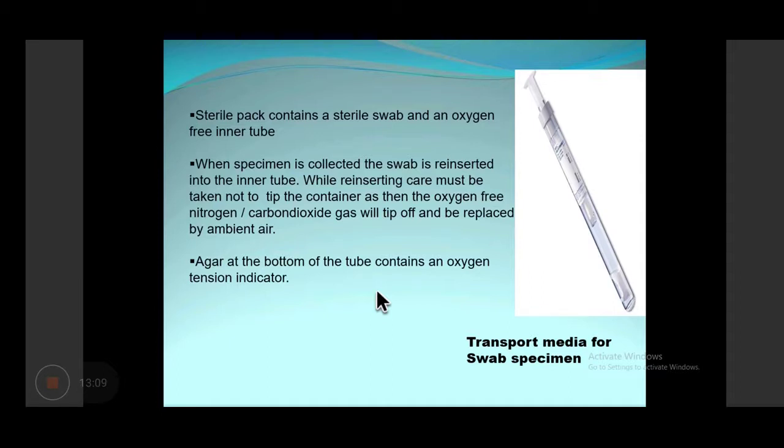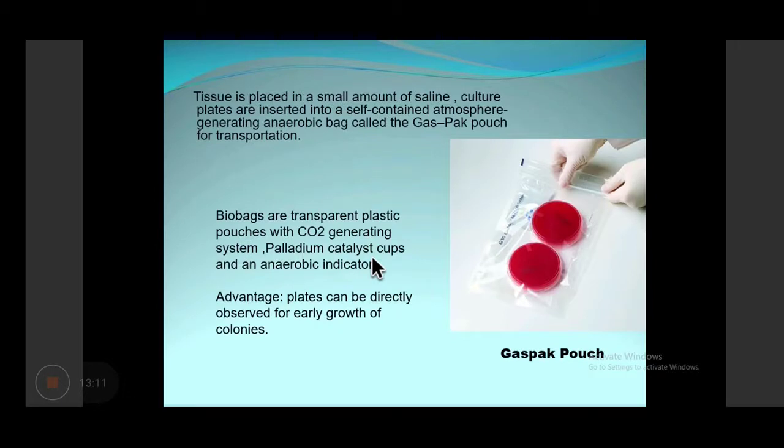These are the gas pack pouches. If we need to transport a tissue, it is placed in a small amount of saline, or culture plates are inserted into a self-contained atmosphere-generating anaerobic bag. These pouches contain a palladium catalyst as an anaerobic indicator.